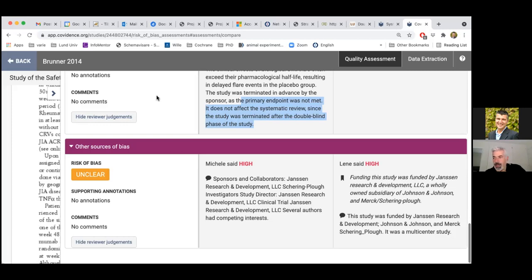Mm-hmm. So if we want to calibrate our assessment, maybe we should look at further details about the role played by the pharmaceutical company in the study. If it's only economic support or also intellectual support, with assessment of data and writing the papers and stuff like that.